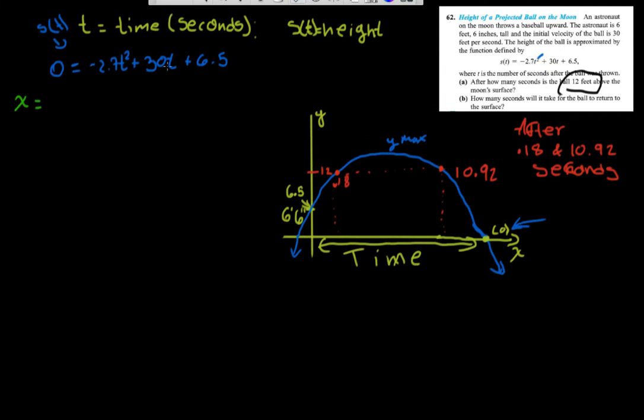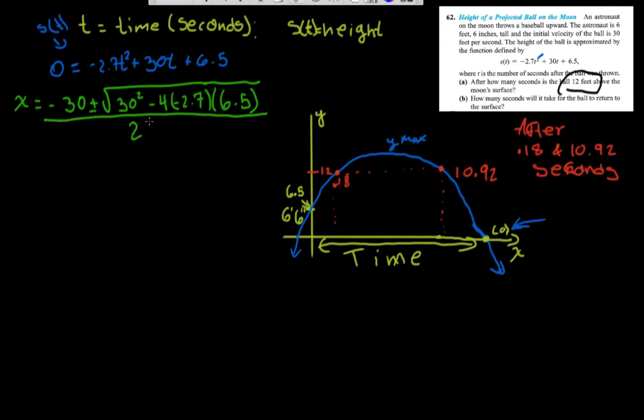So the quadratic formula says negative b, which is negative 30, plus or minus the square root of b squared, which is 30 squared, minus 4 times a, which is negative 2.7, times c, 6.5, all of that divided by 2 times a, negative 2.7.